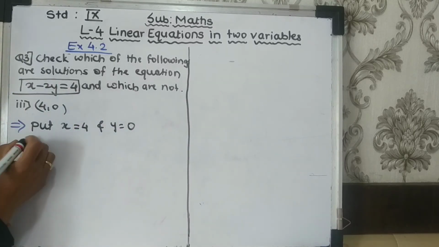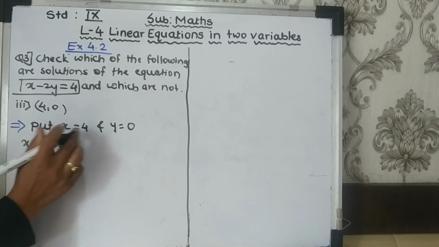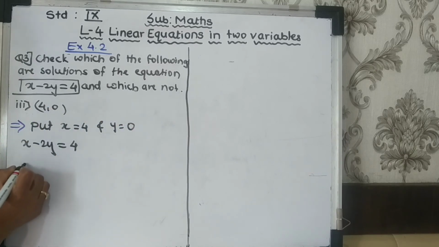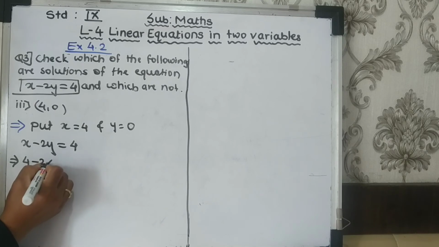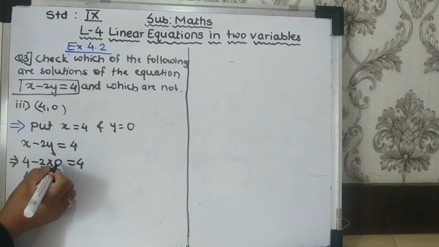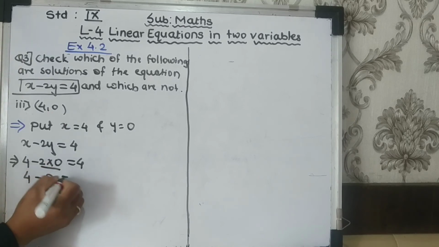So let us write this equation. X minus 2y is equal to 4. What we will do? X value 4 and y value 0. So for x we will write 4 and minus 2 into y value 0 equals to 4. So 4 minus 2 into 0, answer is what? 0 equals to 4.